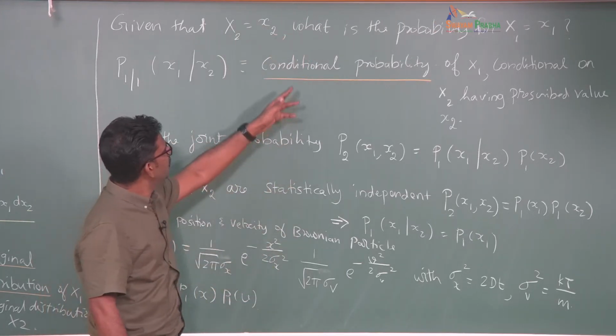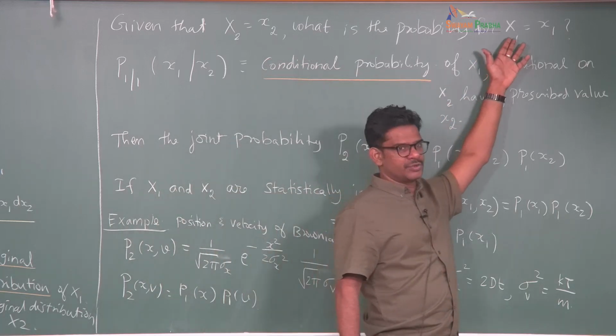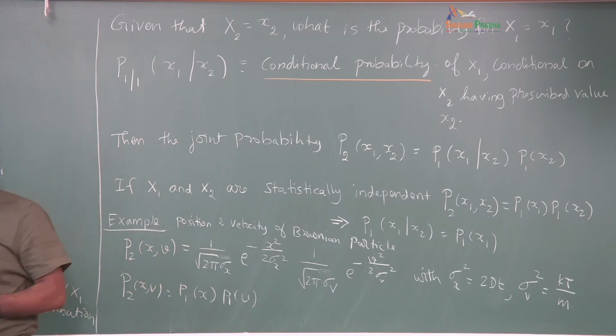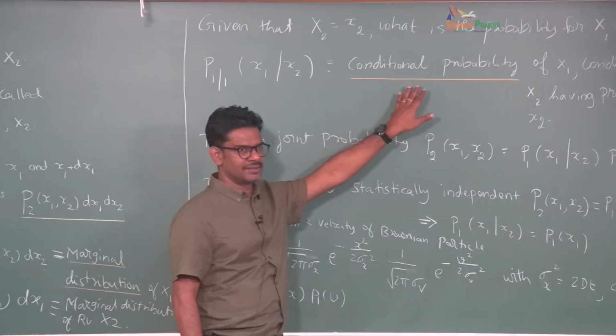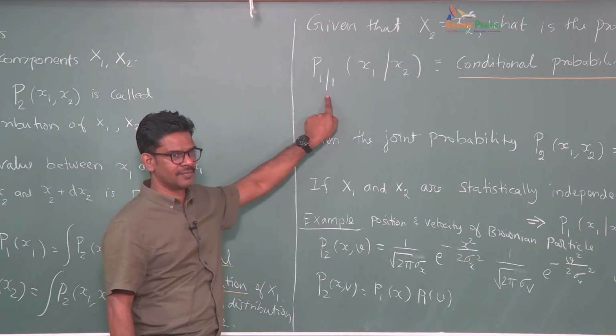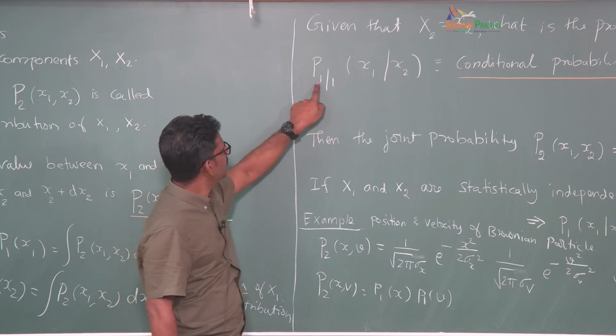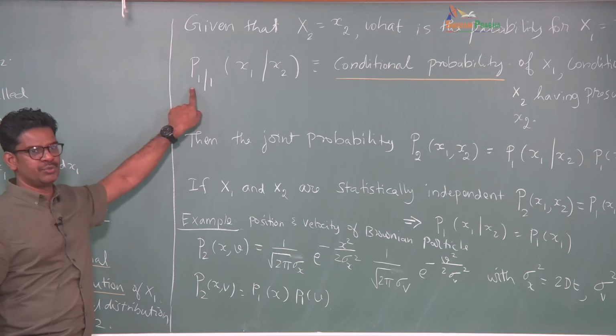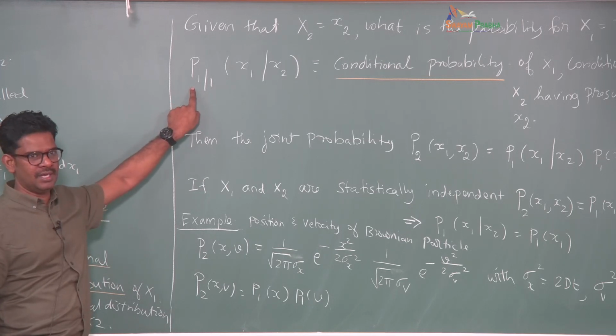Given that, you ask what is the probability that X1 will take a particular value small x1. Then we are making a conditional statement, and this leads to the definition of conditional probability, and we denote it with this notation. This 1 over 1 basically means I am conditioning one variable and asking for the distribution of the other variable.